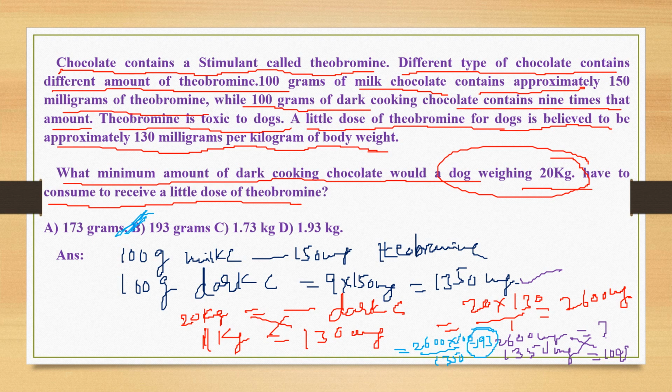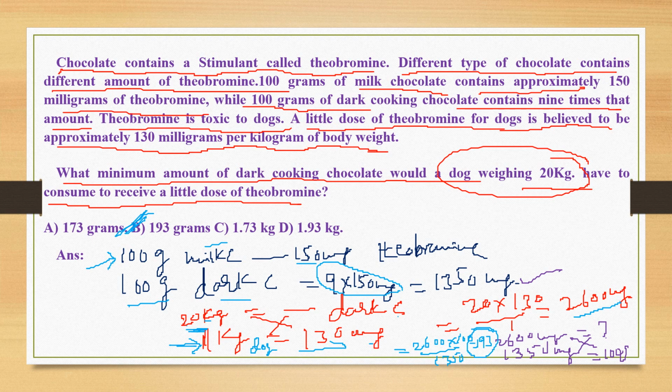First, 100 grams of milk chocolate contains 150 milligrams. Dark cooking chocolate means 9 times greater, so that is why I multiplied it with 9. Second, 1 kg of dog requires 130 milligrams, and for the 20 kg dog we know 2600 milligrams is required.